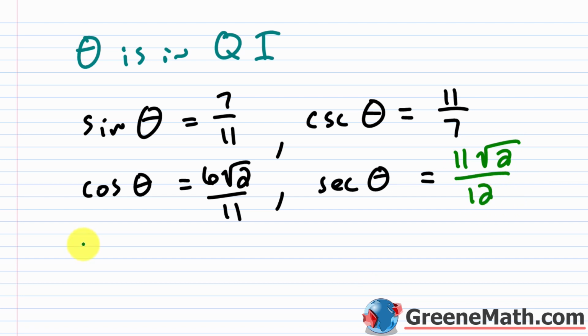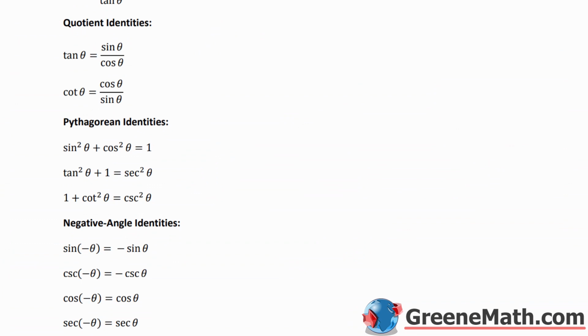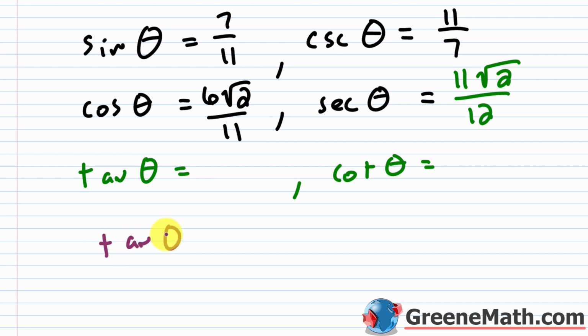Okay, now let's find the tangent of theta, and we'll find our cotangent of theta. So we saw earlier that the tangent of theta is the sine of theta divided by the cosine of theta. Again, since we haven't worked with that one that much, I'll just pull it back up. The tangent of theta is the sine of theta over the cosine of theta. So let's write our tangent of theta is equal to the sine of theta over the cosine of theta. And for the sine of theta, that's 7 over 11.